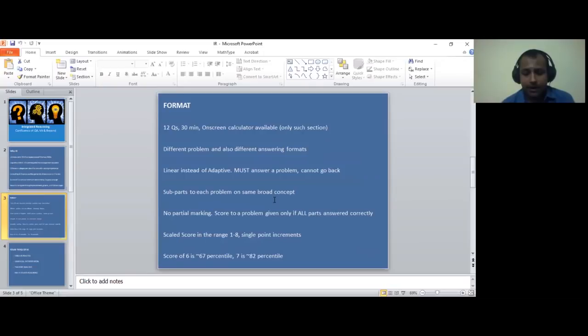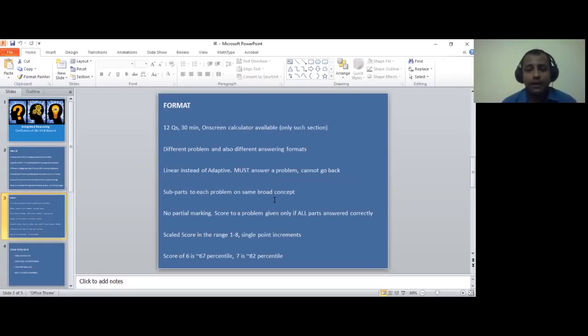These subparts are not in the format of part A with one answer and different options, and then part B with separate options. They would maybe constitute a problem in the sense that you have to give some yes or no reply to some statements, on some broad concept. You will see them clubbed together.